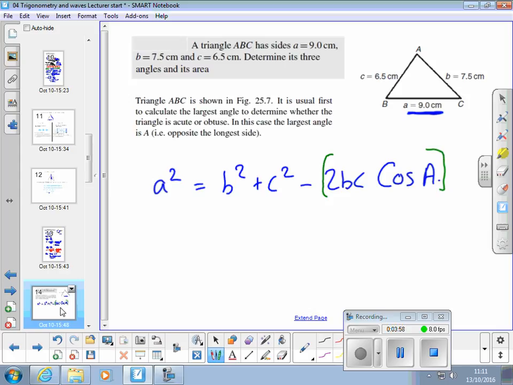Get rid of subtraction and addition first, and then get rid of the brackets. Not always, but usually. So we're going to add 2BC cos A to both sides. We're going to get 2BC cos A plus A squared is equal to B squared plus C squared.